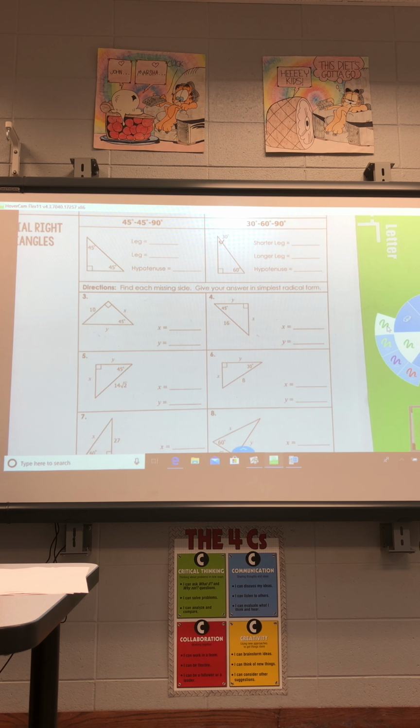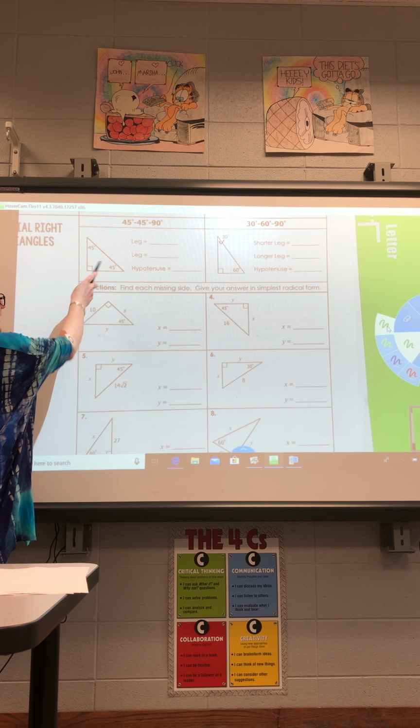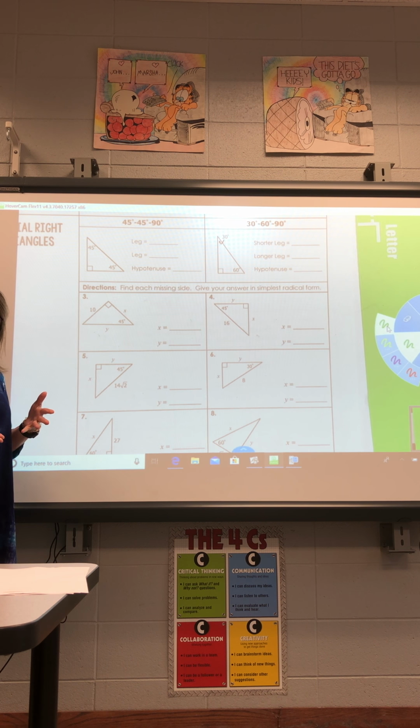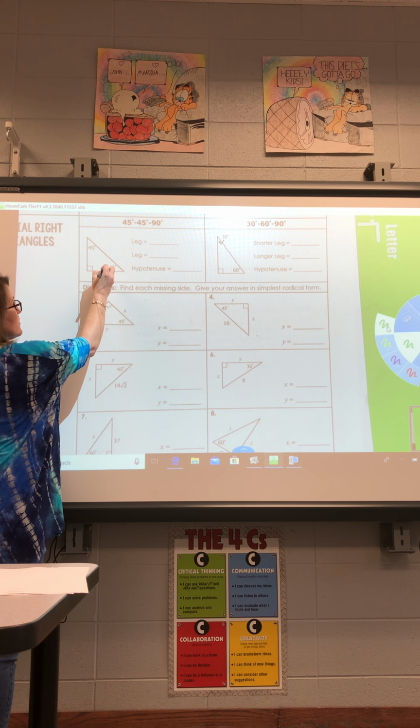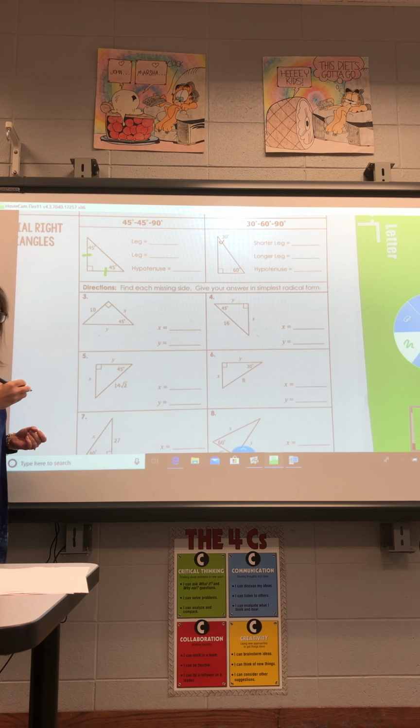All right, so let's get started with the 45, 45, 90. In a 45, 45, 90, this is going to be an isosceles triangle. It's going to have two congruent sides. This, of course, has got to be the hypotenuse. But these other two sides, they're going to be congruent to one another, okay?